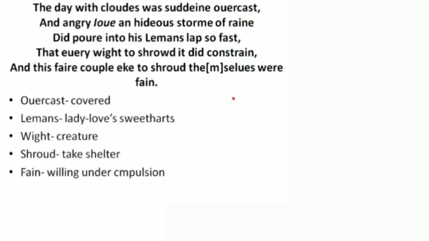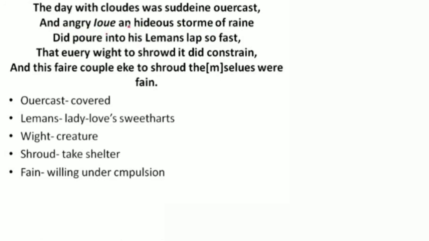The day with clouds was sudden overcast. As they were passing, the sky was overclouded, and an angry Jove, as an hideous storm of rain. Angry Jove is the god of rain.